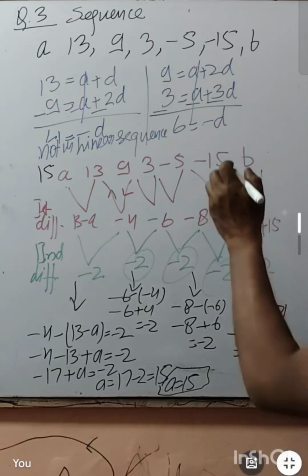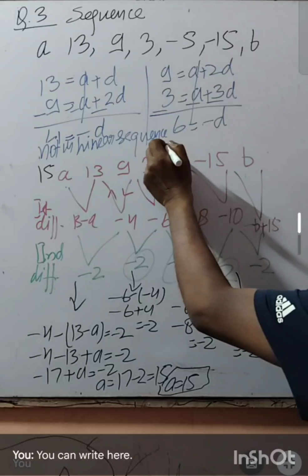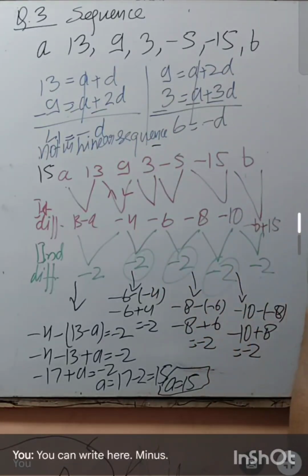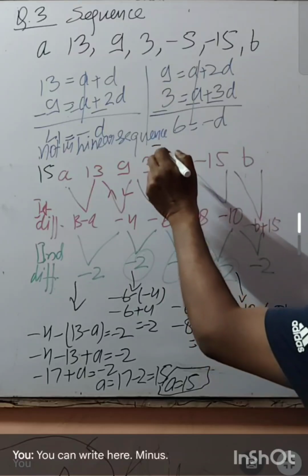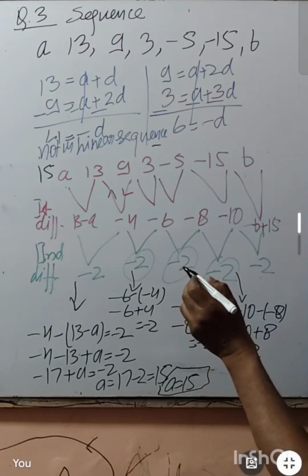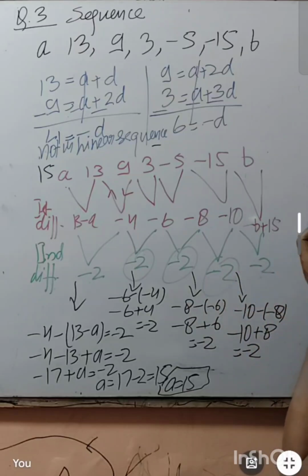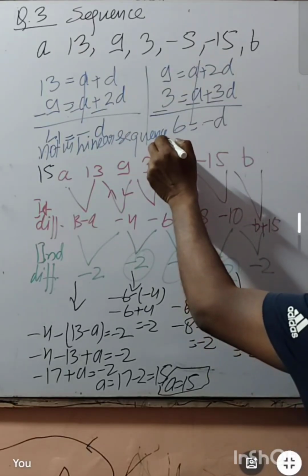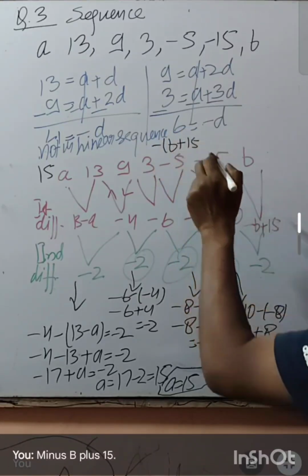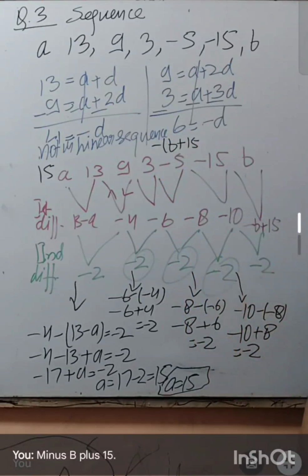We will write here minus B plus 15. How do we get B plus 15, man?